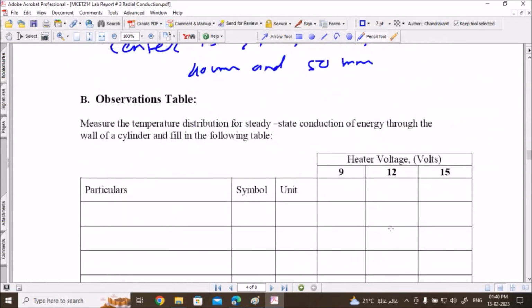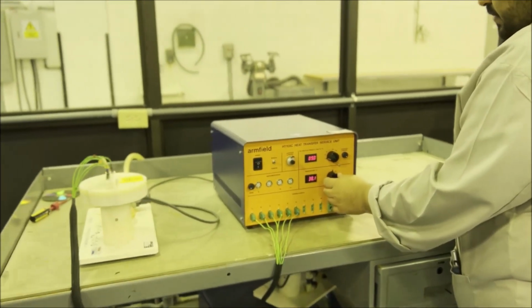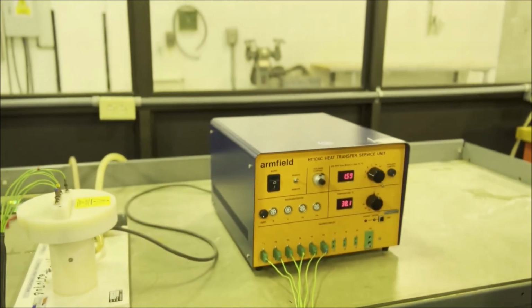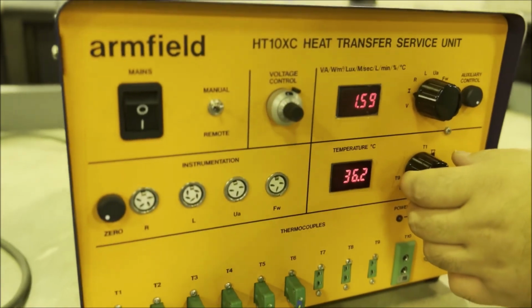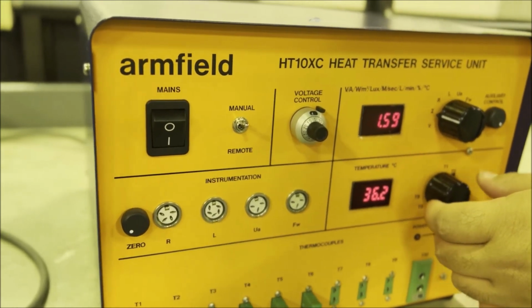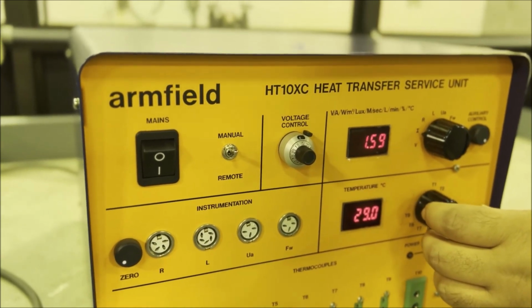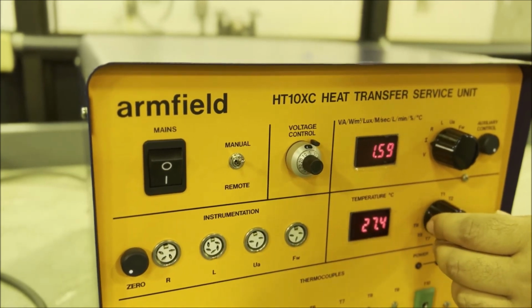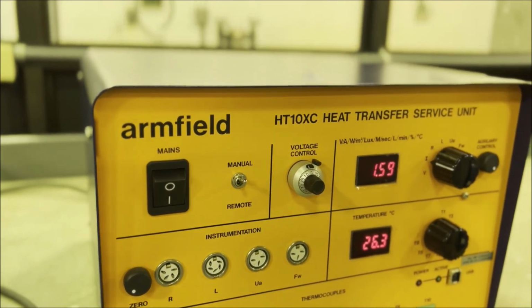Now observation table. First voltage, sorry, current, 1.5. T1 38.1, T2 36.2, T3 30.6, T4 29.0, T5 27.4, T6 26.3.